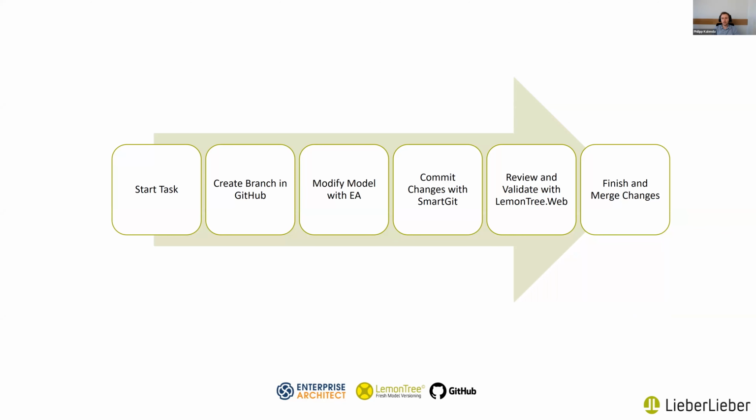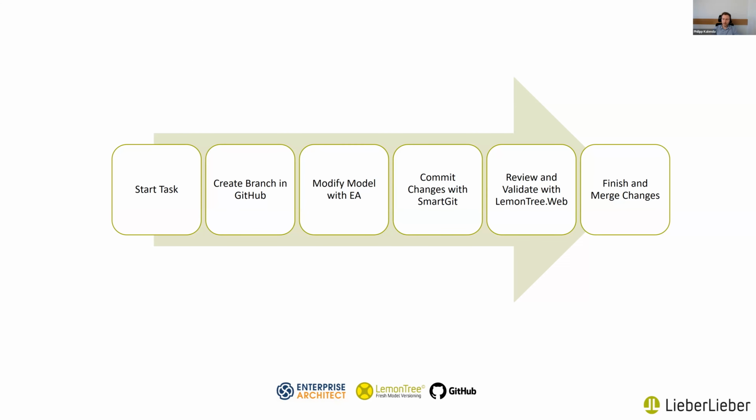We will perform a change in an Enterprise Architect model, which is put under version control in a GitHub repository. We will modify this Enterprise Architect model in Enterprise Architect. Changes will be published in the GitHub repository.